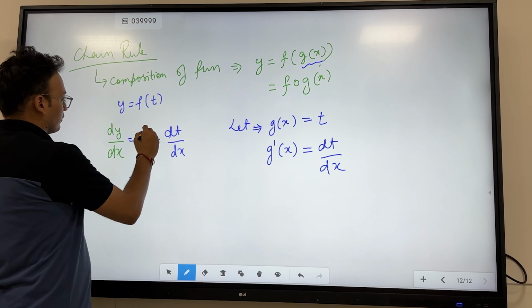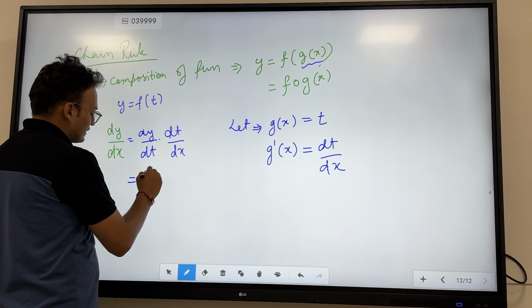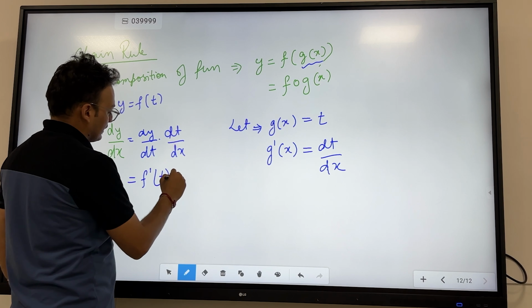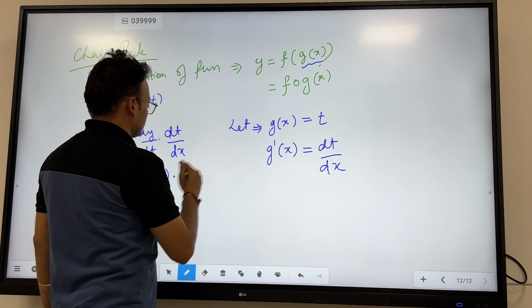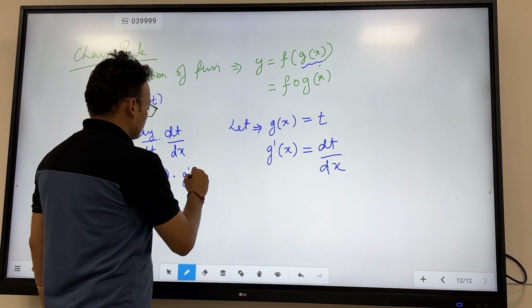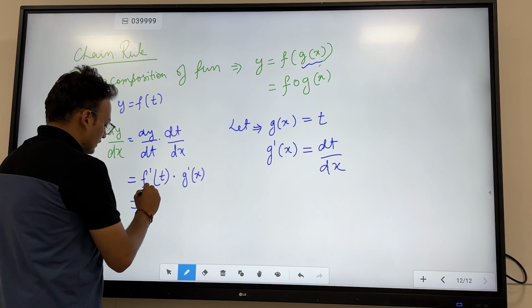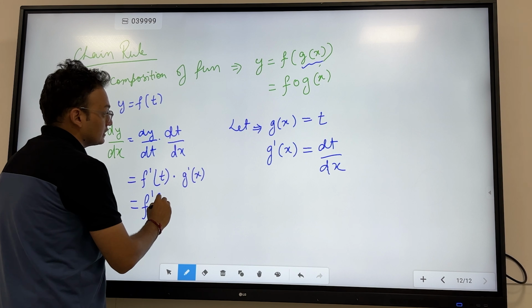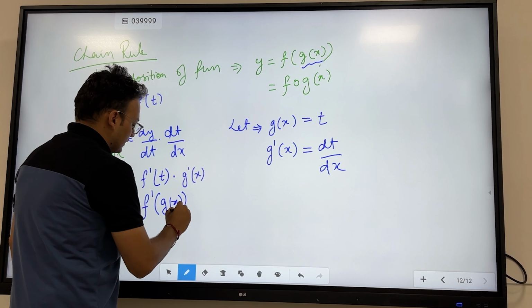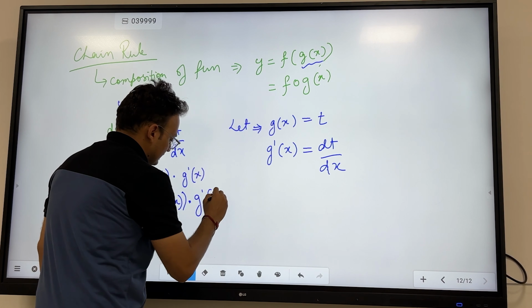So this will be now dy over dt is f dash t, right, and dt over dx will be g dash. Now can I put the value of t again? So this is f dash of g of x times g dash x, right?